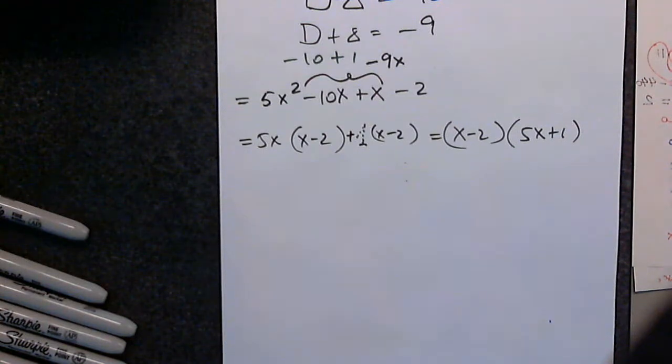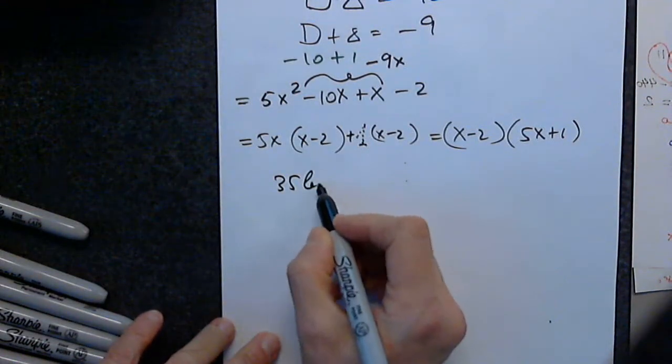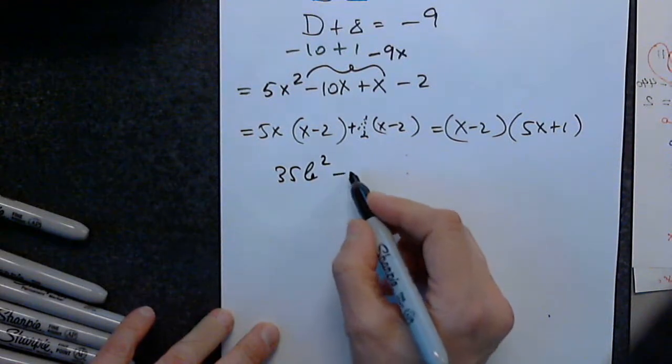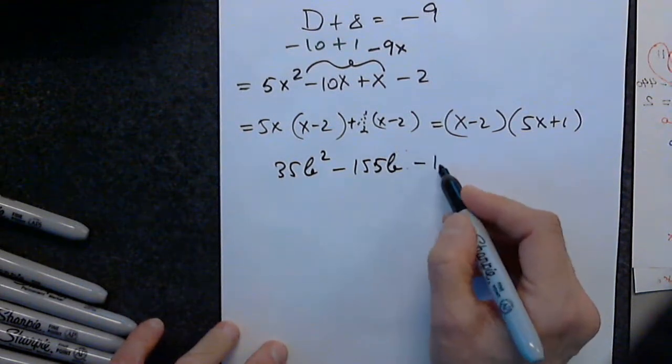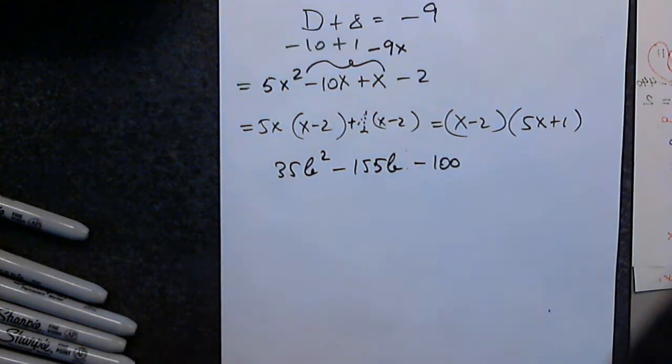Give me 1 second. Is 35b squared minus 155b minus 100. So this is not an equation, but just a polynomial to factor. Correct? Yes. Perfect example.